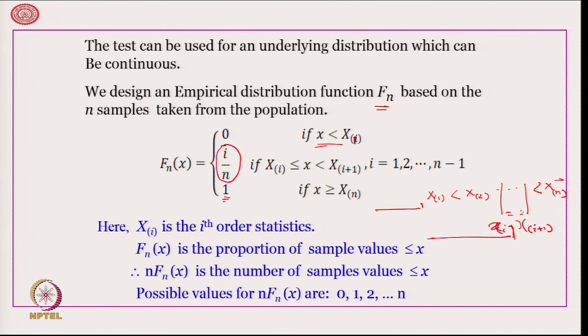So, that is how we design the empirical distribution function Fn, where xi is the ith order statistic, Fn(x) is the proportion of sample values less than or equal to x, and n Fn(x) is the number of sample values less than or equal to x. Possible values for n Fn(x) are 0, 1, 2 up to n. As you can understand, if I multiply this by n, we get the number of sample values less than or equal to x.